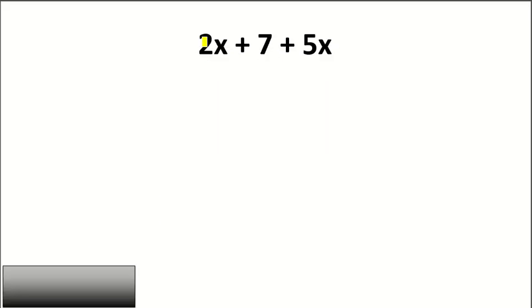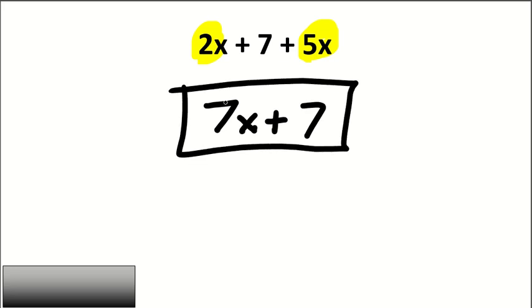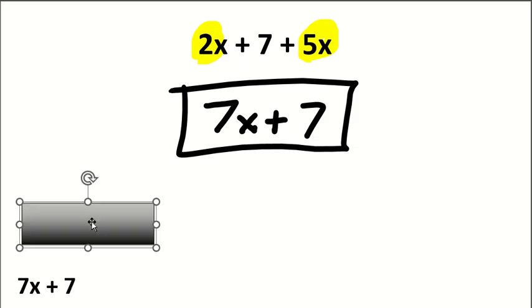Ooh, look at that. This one's alike and this one's alike, but that one's not alike. Let's combine the things that are alike. If I have 2 x's and I have 5 more x's, how many x's do I have? I have 7 x's increased by 7 because there is nothing else to combine it with. Boom! And we have combined like terms.